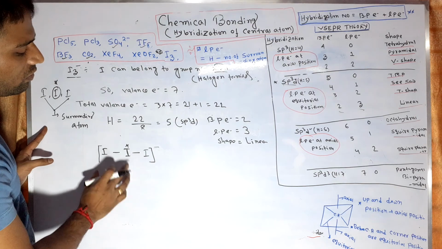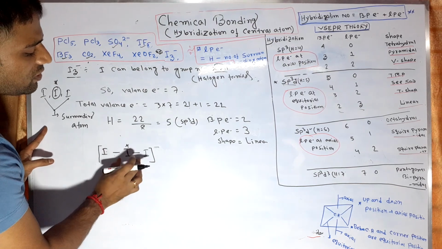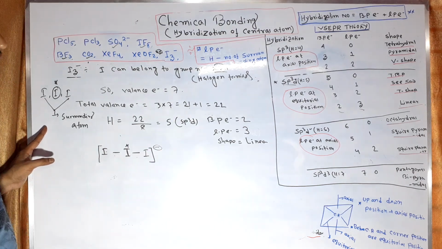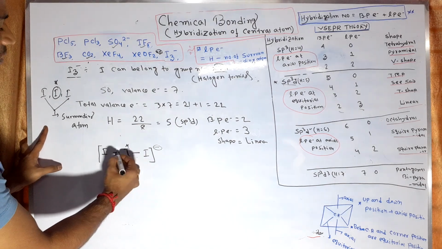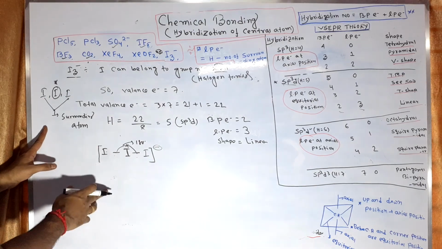The other iodines have valency 1, but the central atom shows valency 2 due to the anionic species, the extra electron. So this shape is linear, with a 180-degree bond angle.